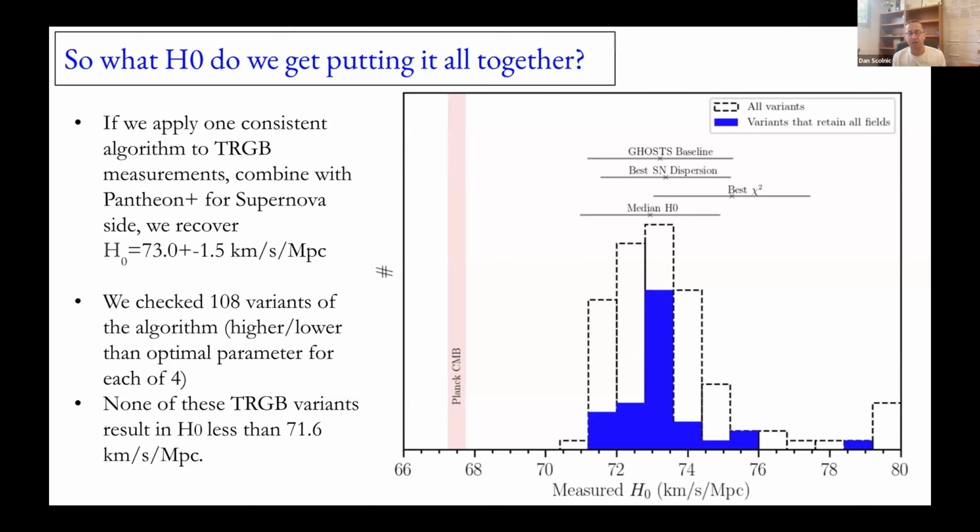So what we get is a value of H0 of 73 plus or minus 1.5. And what's important here is that we're combining with the Pantheon+ that Dylan talked about for supernovae. So we checked 108 variants, and none of the TRGB variants results in an H0 less than 71.6.